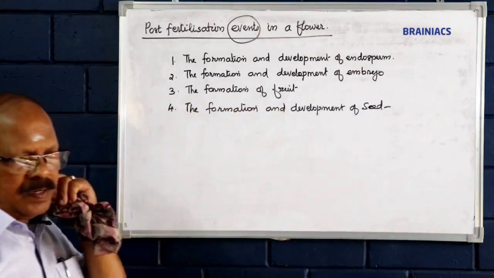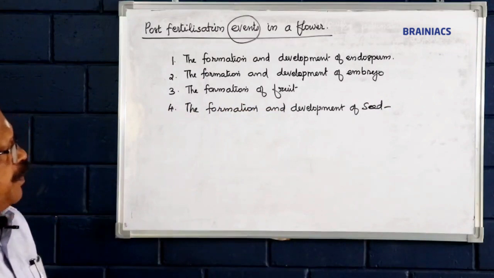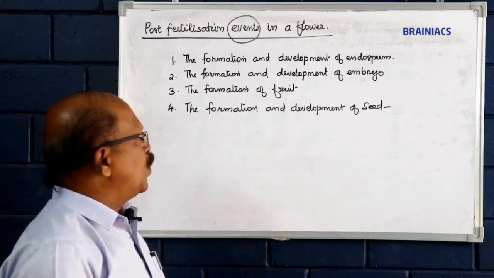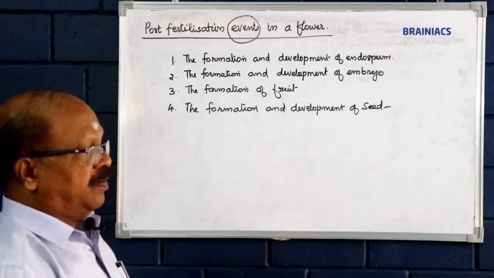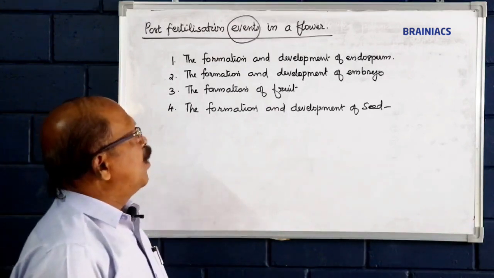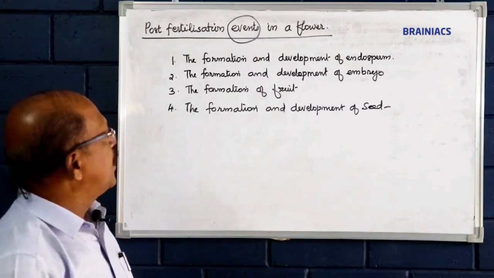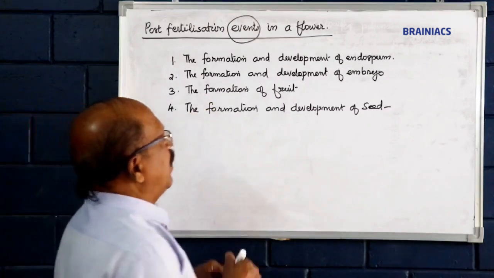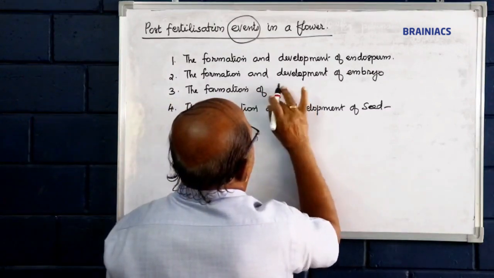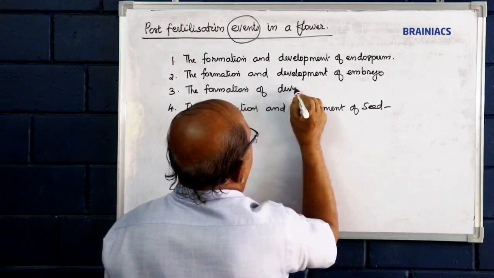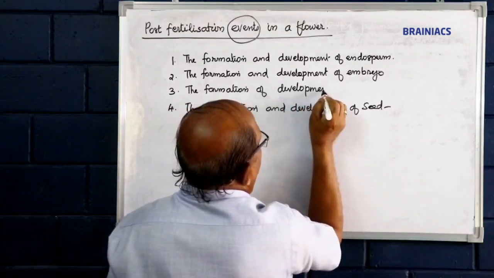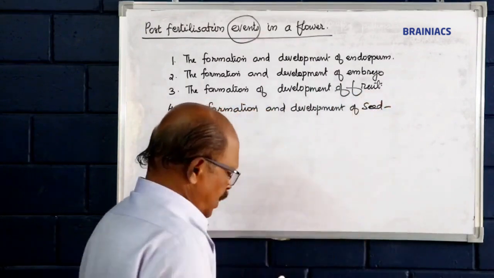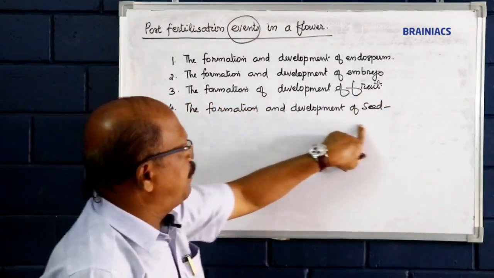So, formation and development of endosperm, formation and development of embryo, formation and development of fruits, and formation and development of seeds.